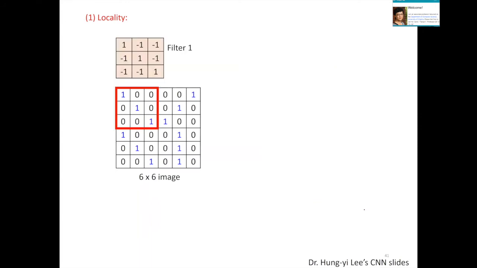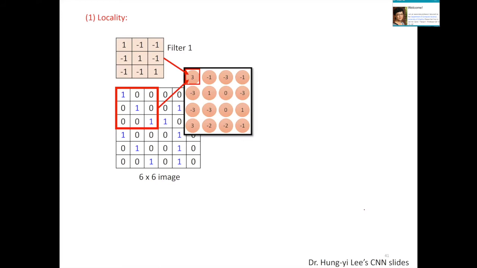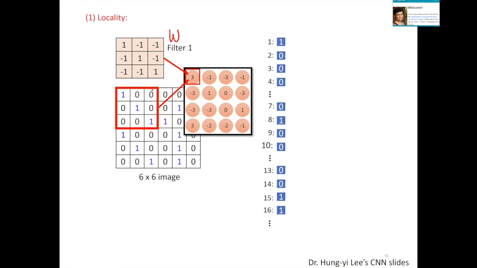All right, so we're applying this 3 times 3 filter on my 6 times 6 image, and I'm applying it the first time at the upper left corner. This W filter is doing an inner product with only a smaller window, at this red panel it shows. It gives me 3 as output. And if I show this as the multilayer perceptron way, what does it correspond to?